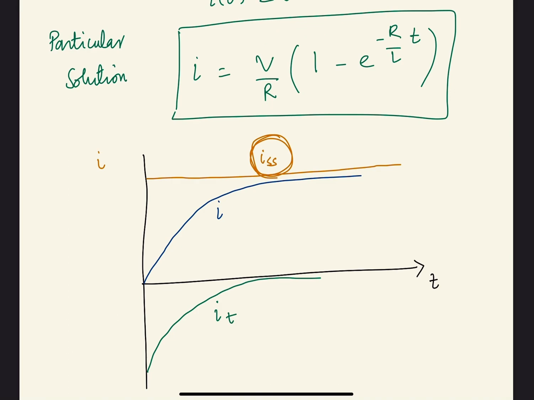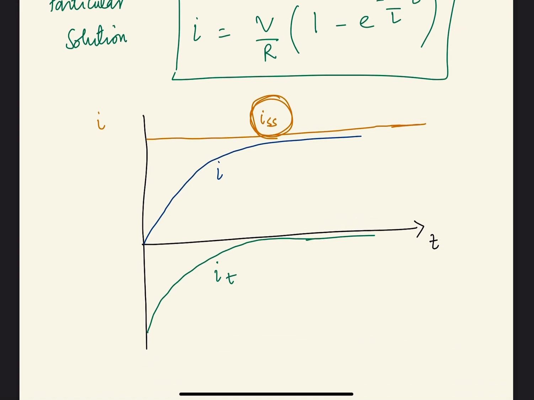So this is the steady state part, the orange part, and the other part, which is the transient part, happens because of this decaying exponential. That is shown by this green graph. So what does this graph tell you?